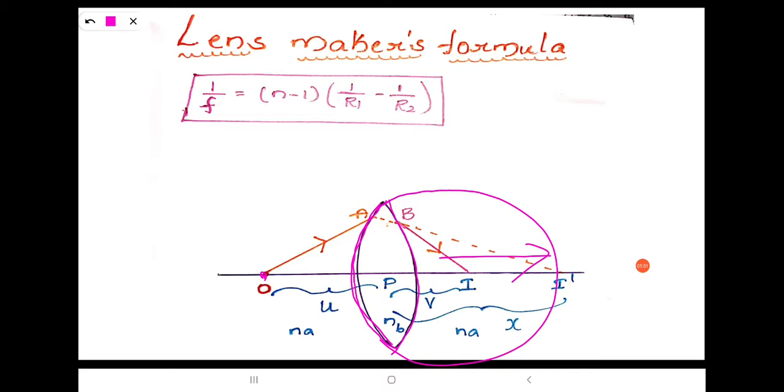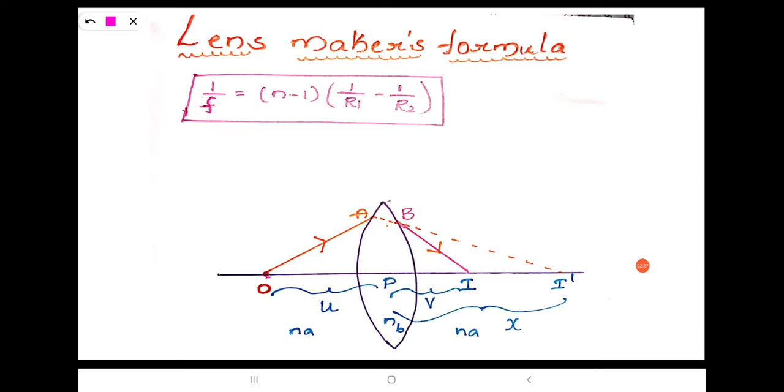The first refracting surface has a positive radius of curvature and the second refracting surface has a negative radius of curvature. Right?